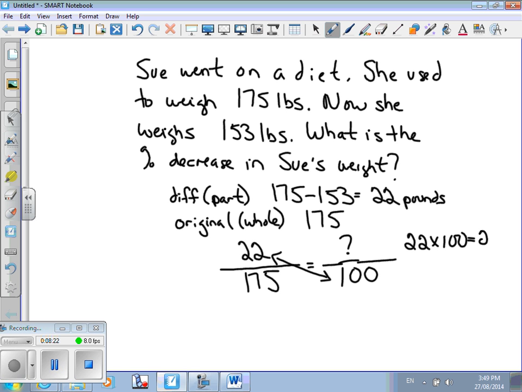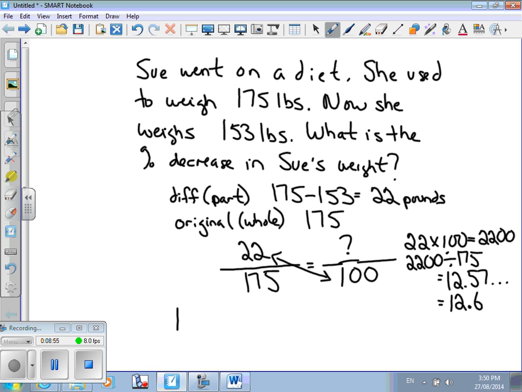Add a couple zeros because we're multiplying by 100. And then 2200 divided by 175. Grab the calculator. 2200 divided by 175 is 12 point, calculator says 5, 7, and so on. So I'm going to round that to 12.6.